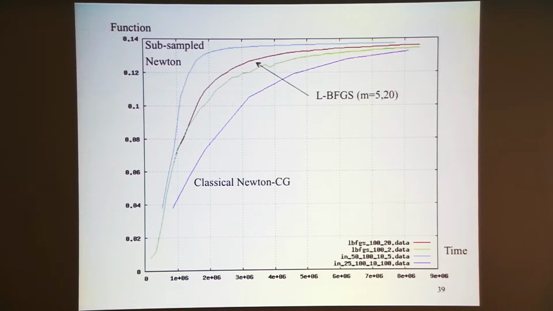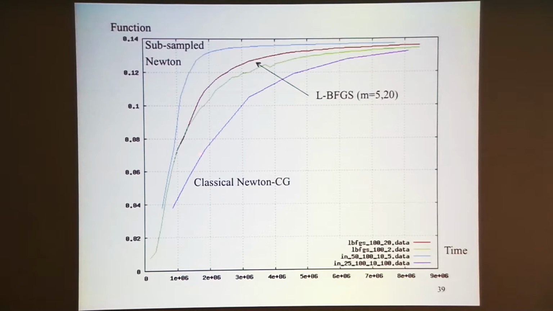We want to be really fair, because a limited memory BFGS method only computes gradients. A Newton CG method computes Hessian-vector products. So we need to count that in too. But we don't want to report CPU times, because that's machine dependent. Instead, we're going to report how many times we access the elements of the objective function. And the results look as follows.